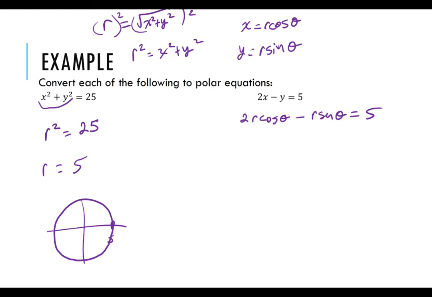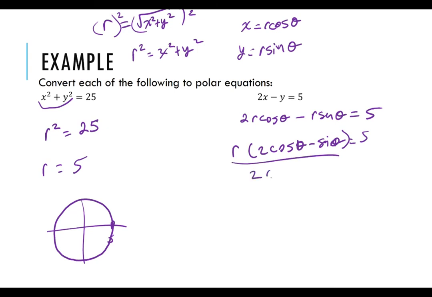Now, often enough, when writing equations in polar form, we usually write them as r equals. So if you wanted to solve this for r, you could factor out r, and you would get r times 2 cosine theta minus sine theta is equal to 5.